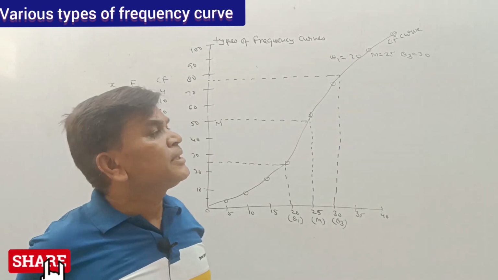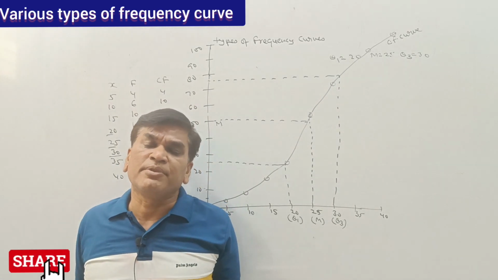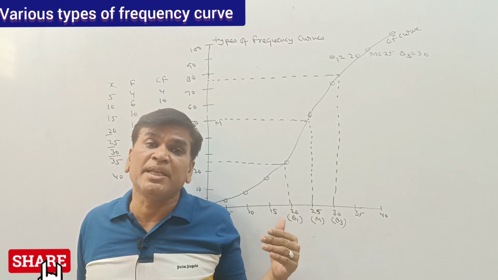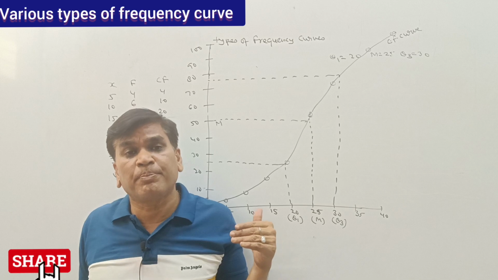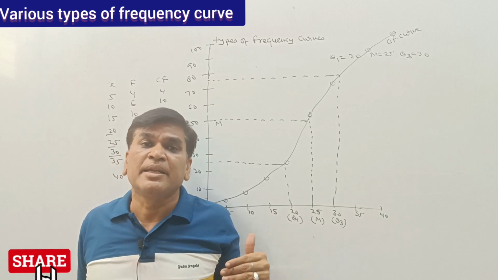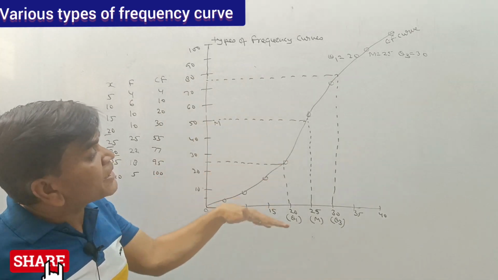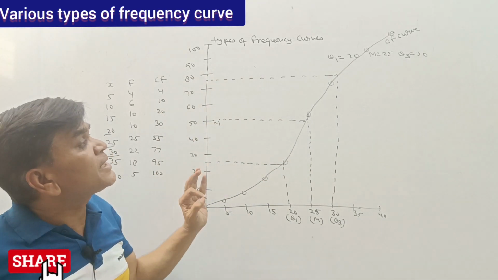With the help of the cumulative frequency curve, we can calculate all the partition values like quartile, decile, octile, percentile, pentile, median. Each and everything we can calculate. When you draw on graph paper, you will get an accurate result.